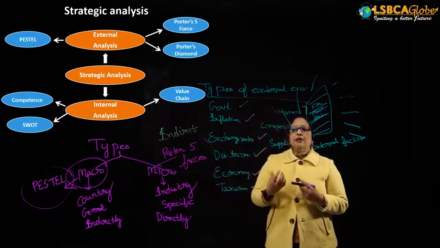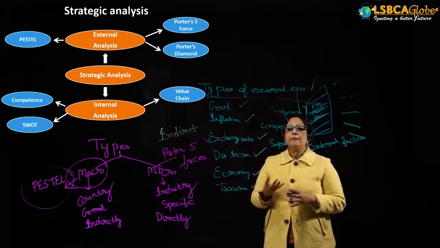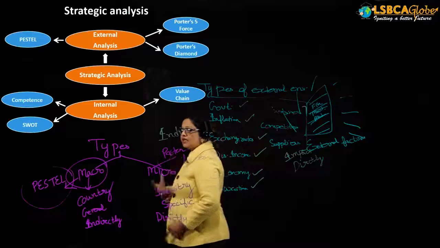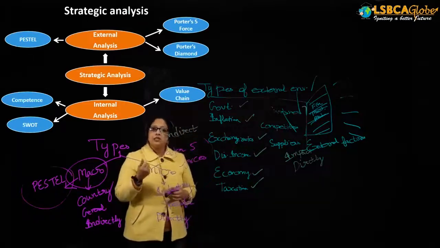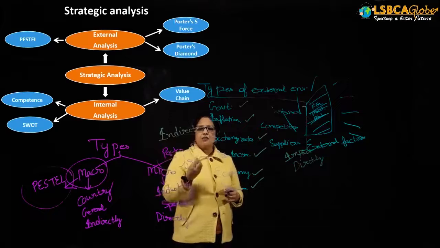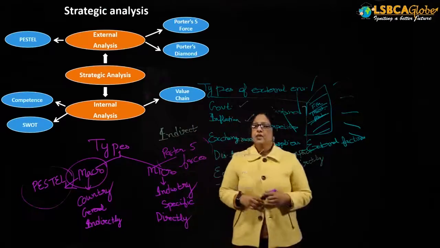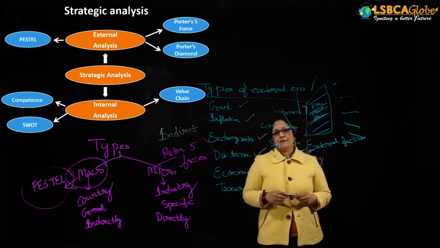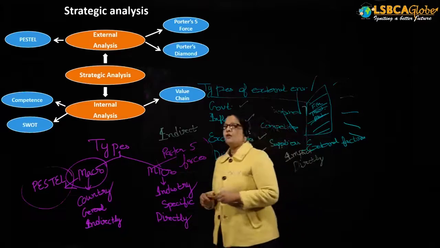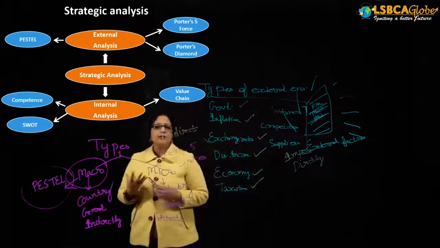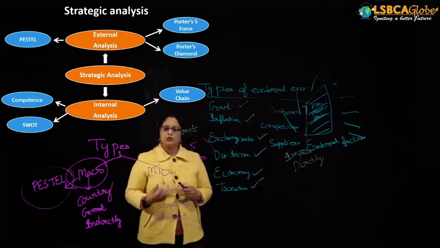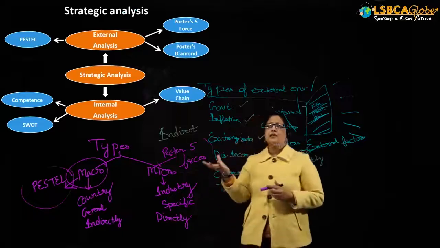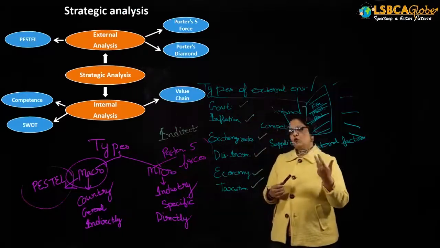If the paper information is more about the government, the economy, the social, the income, the education status, the marital status, the technology, which model will I use? PESTLE. And if the examiner is more concerned regarding the customers, their preferences, the number of suppliers available in the market, then I will use Porter.